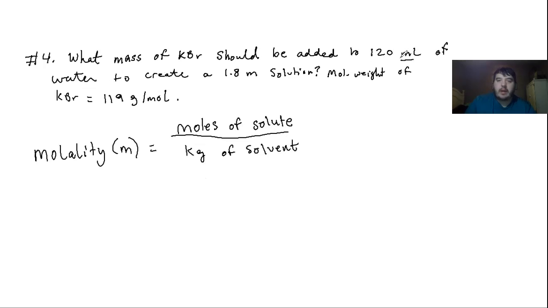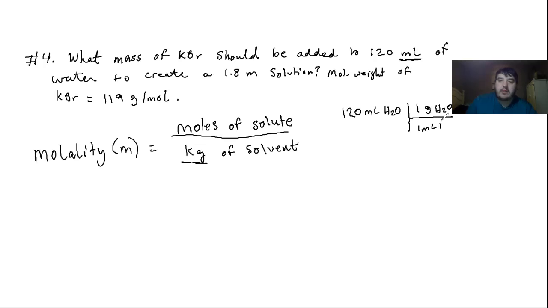Right now we've got milliliters, but we need to rewrite this in terms of kilograms. Since we have water, we know that milliliters is equivalent to grams, so 1 gram is equal to 1 milliliter.